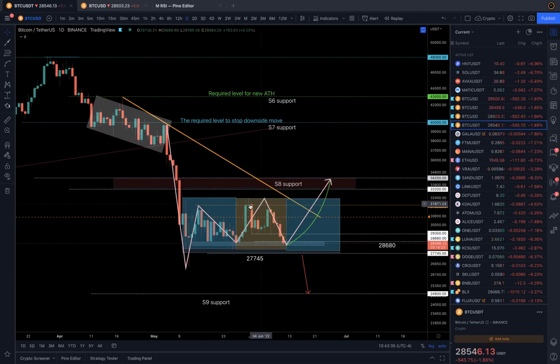There were two, but we are saying it's just one, and then a retest, and then potentially a rise. And here 27745 is the boundary on a daily basis.